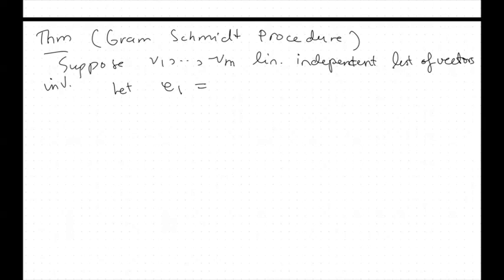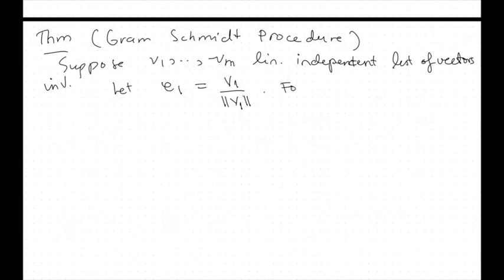So first, our orthonormal list of vectors. We will define e sub 1 to be the vector v1 divided by its norm, the norm of v1.